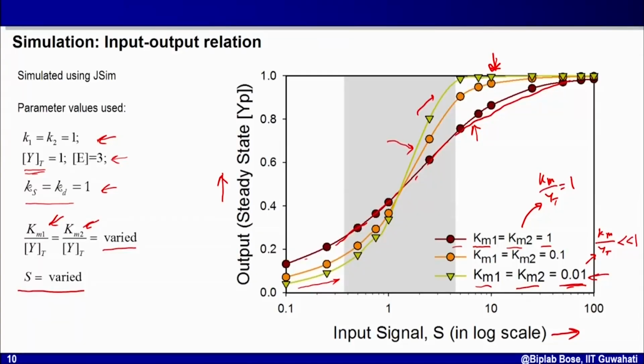But if my ratio of Michaelis-Menten constant to total Y is smaller than 1, that is this green line, then I get this sharp sigmoidal behavior. And as you can see, in this shaded region, if you vary S, the output, that is Yp, will change very drastically, sharply. So this region is ultra sensitive.